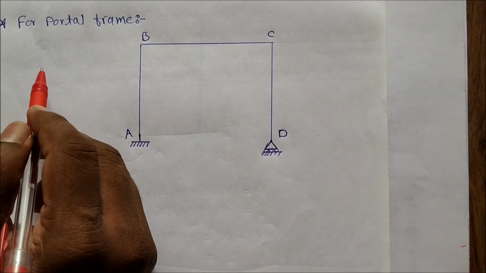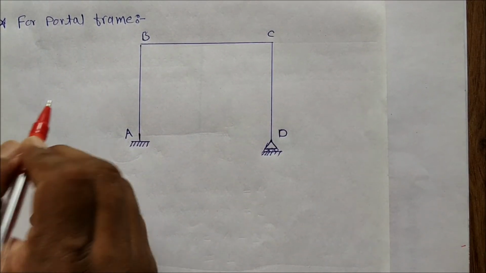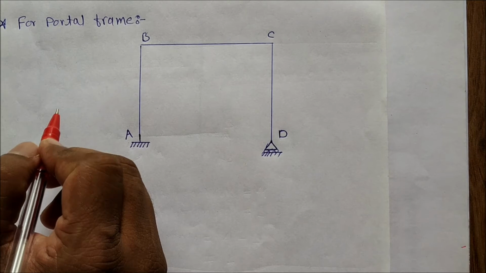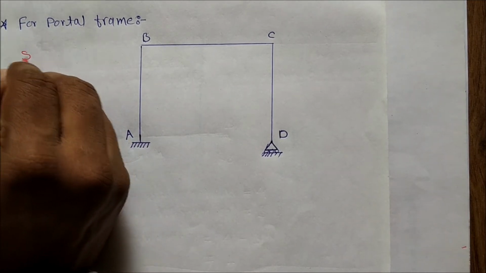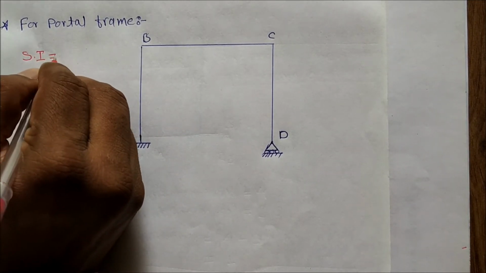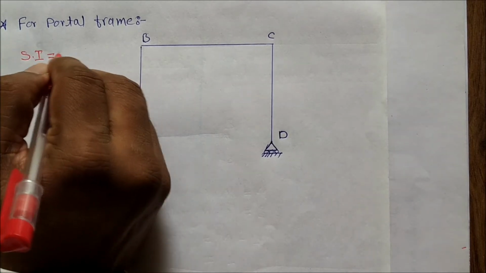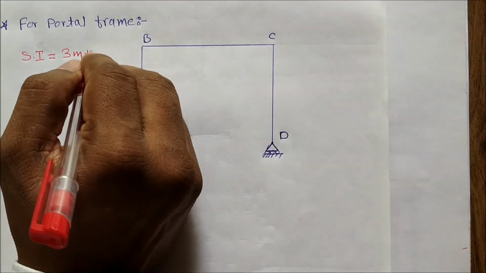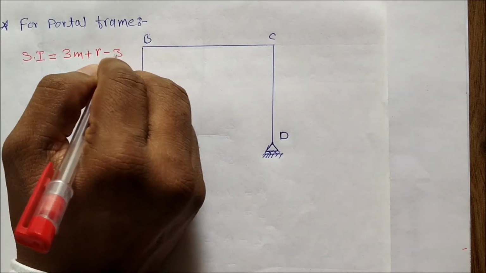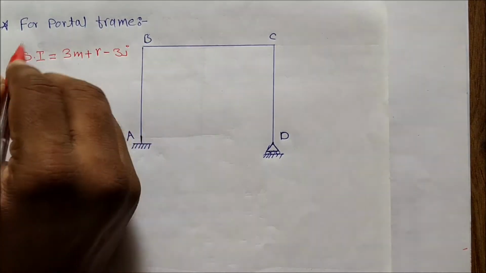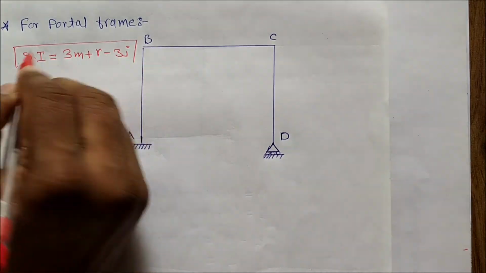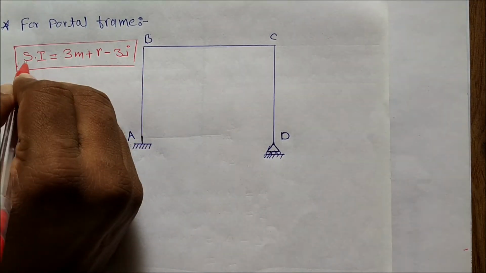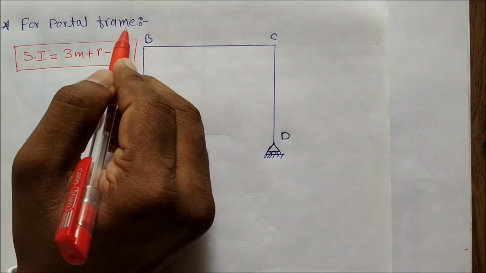In portal frame, we have to find the static indeterminacy by using the formula: static indeterminacy is equal to 3m plus r minus 3j. So this is the formula to find the static indeterminacy in a portal frame.